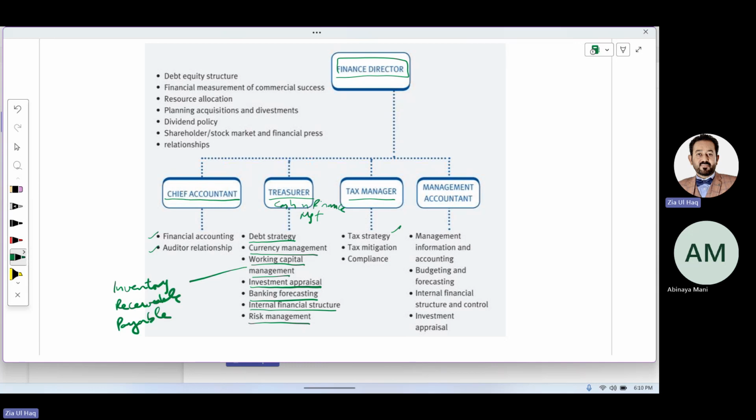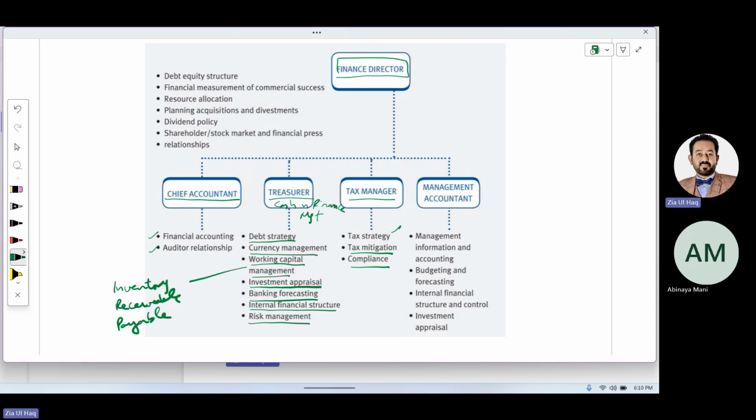For example, instead of recording all the sales in one branch, spread your sales across different branches. Because if you spread across different branches, there will be lower profit, and if profit is low, you will be paying less tax. Tax mitigation means how the company can resolve tax issues and comply with the tax laws. Who will decide? The tax manager.